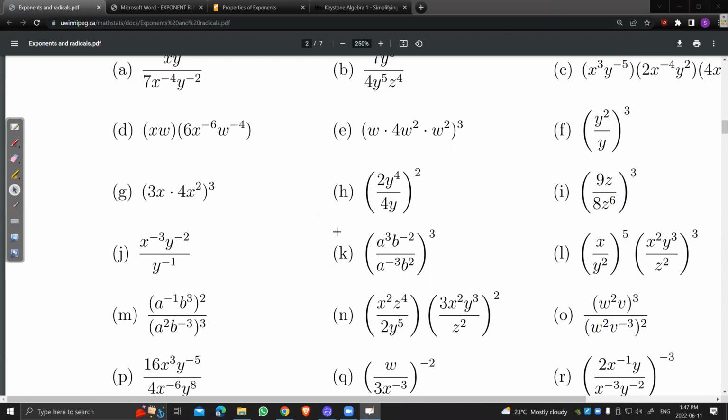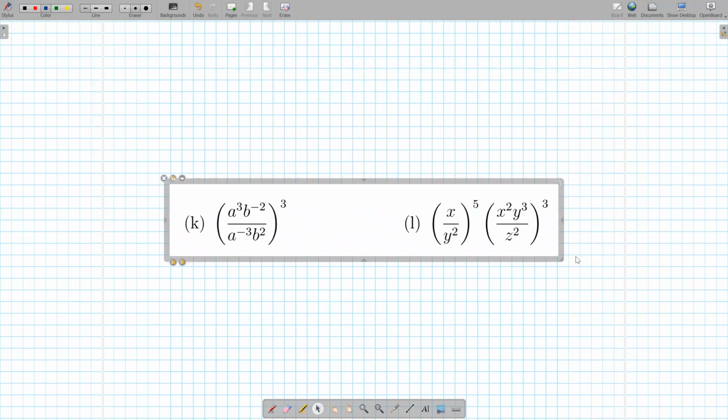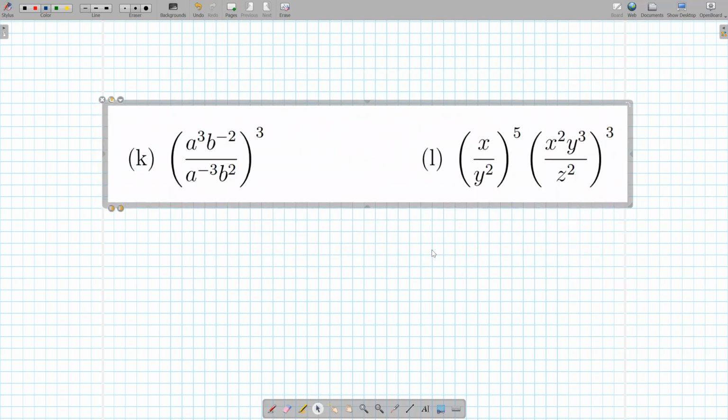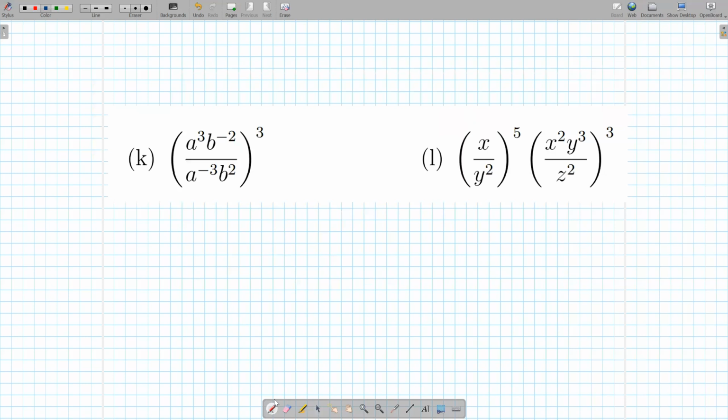Which one looks dicey? Let's do this one. Okay, we're doing K. Again, if you can clean up inside the bracket first, it'll help you. So let's look at this. Again, there's a 3 on the outside, okay? Do we bring this down or do we bring the other one up? So this is a question you have to ask yourself.